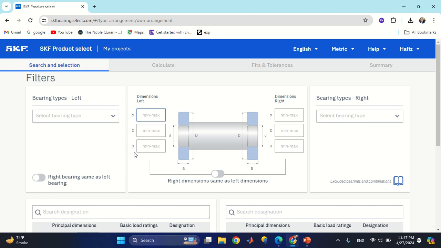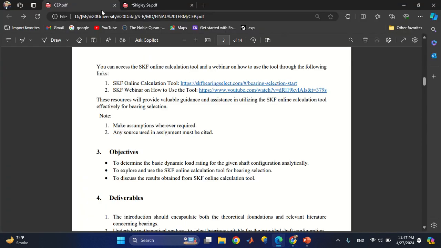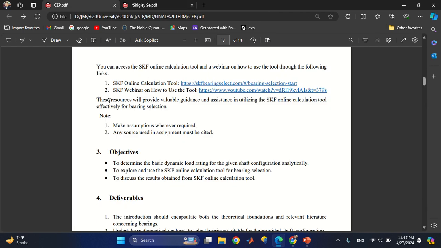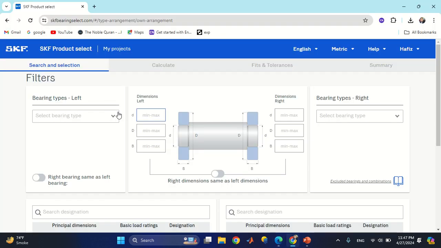From my calculation, here it is: 40, 80 and 18. So the bore is 40. I'm putting in all the values: 80 and 18.